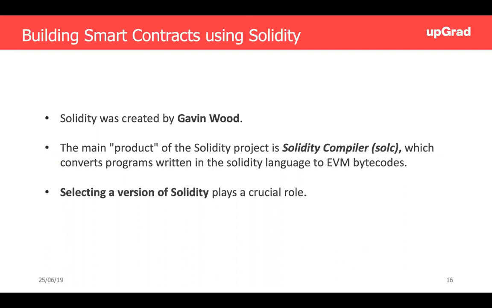You might be using a newer version of Solidity which no longer supports some of the code that you might have copy-pasted from somewhere on the internet. So when you're copying code from websites as part of your trial and error process, make sure that the particular line of code where you're getting the error is still supported in the new version of Solidity that you will be using.